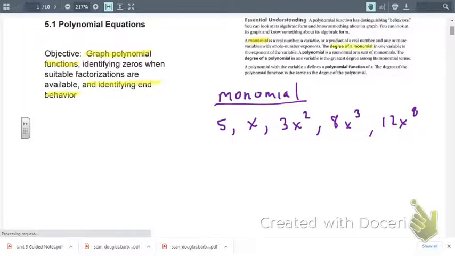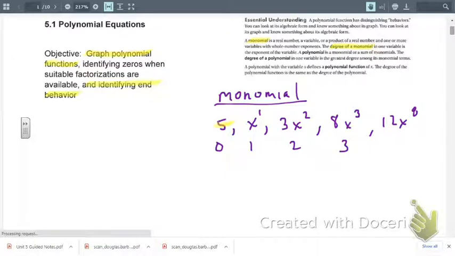Now the degree of a monomial in one variable is the exponent of the variable. 5 is a constant, so the degree is going to be 0. This is x raised to the, if there's nothing there with the variable, it's understood to be 1, so the degree is 1 there. 3x squared, the degree would be 2. 8x to the third, the degree would be 3.